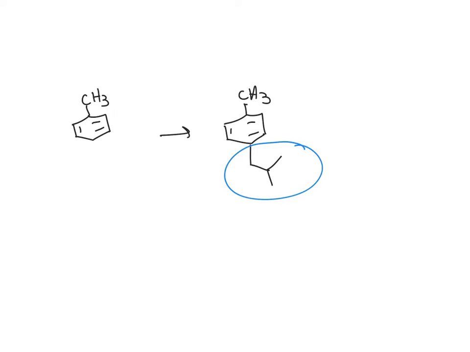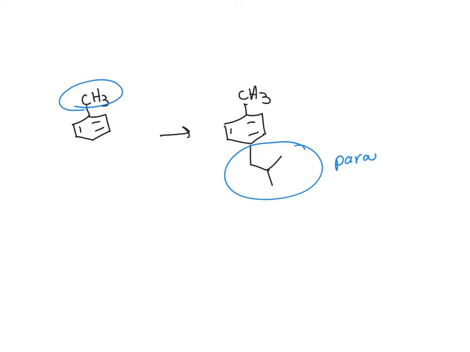Okay, we are choosing the reagents. So this is toluene, and we have to choose the reagents to make this compound here. And you see that what is added is this alkyl group, and it's added para to the methyl group.